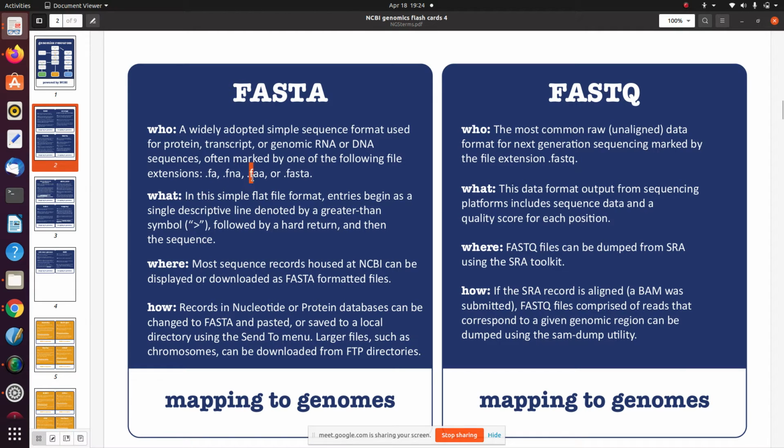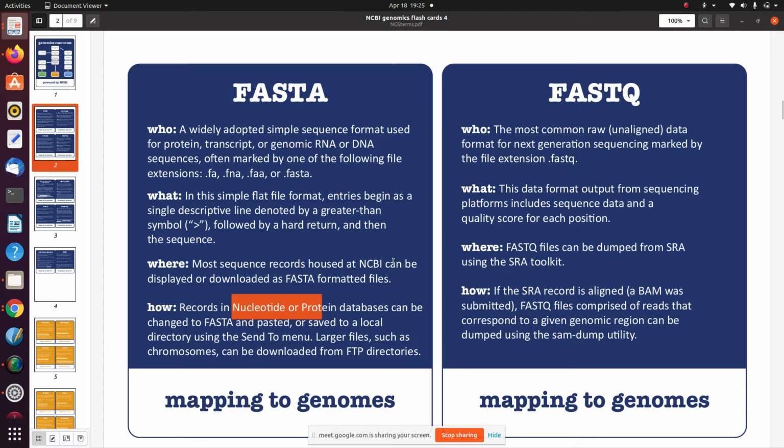So if FNA is going to be used for DNA FASTA sequences, FAA is going to be used for protein sequences. So that's what it's given here, right? Proteins in records in nucleotide or protein databases, right?